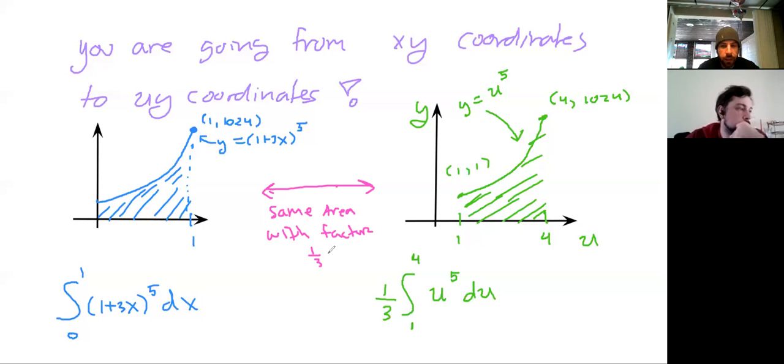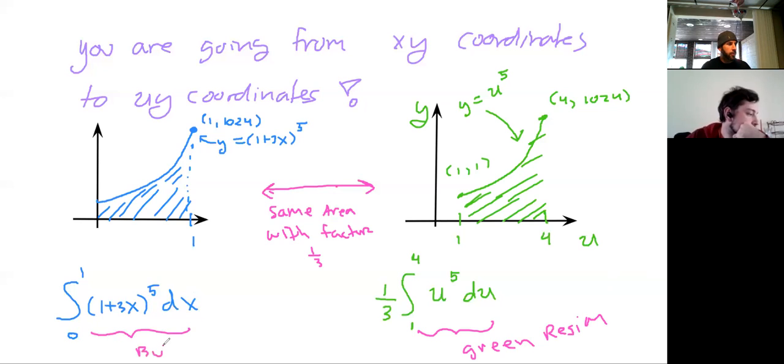So the blue area is 1/3 the green area. Or I said that incorrectly. 1/3 of the green area is the blue area. So let's be very clear. This is the green region. And this is the blue region.